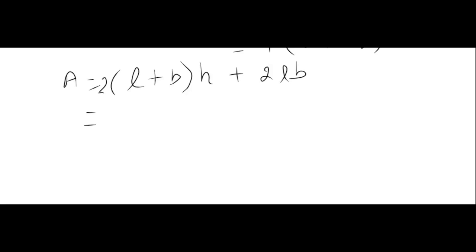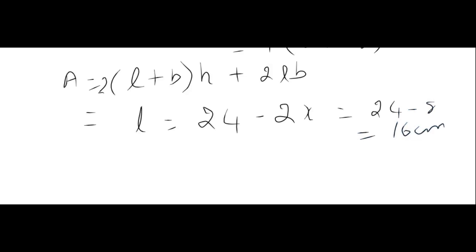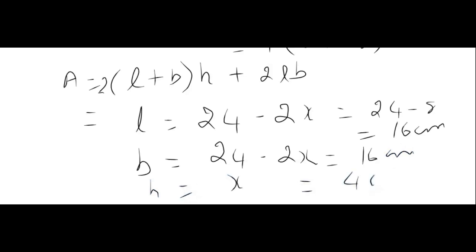Now the length of the box is given by L is equal to 24 minus 2x, which is equal to 24 minus 2 into 4, which is 24 minus 8, which is equal to 16 centimeters. Similarly, B is also equal to 24 minus 2x, which is nothing but 16 centimeters. And height is x centimeters, which is equal to 4 centimeters.